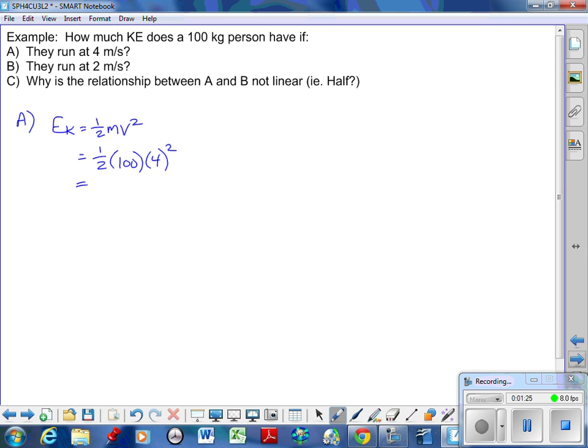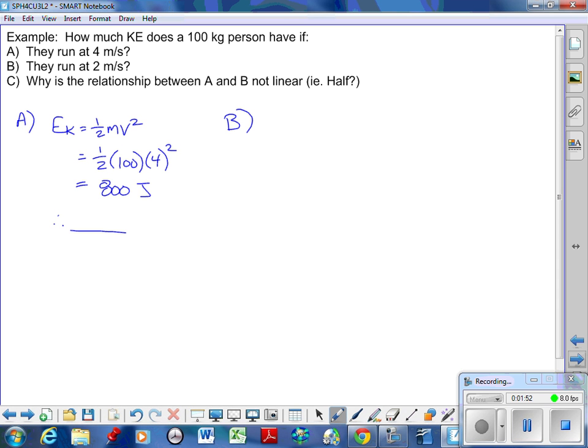So let's just do calculator work, plugging that in at 50 times 16. I get 800 joules. All right. So what I'm showing here is the relationship between the energy with kinetic energy. So if a 100 kilogram person runs at 4 meters per second, they'll have 800 joules.